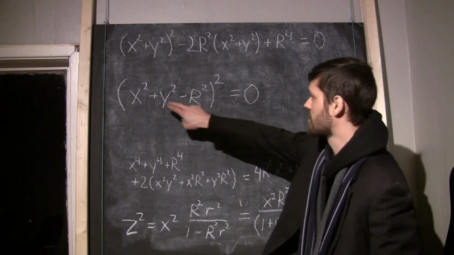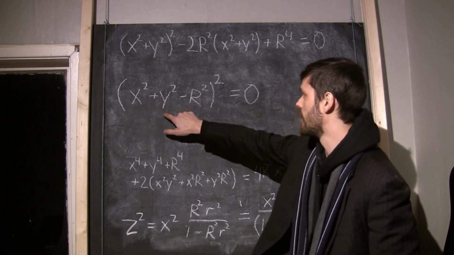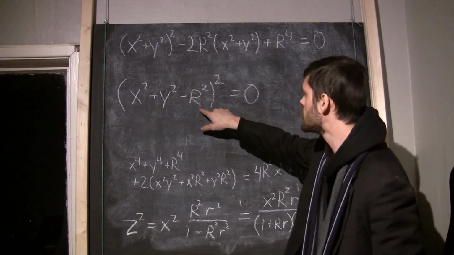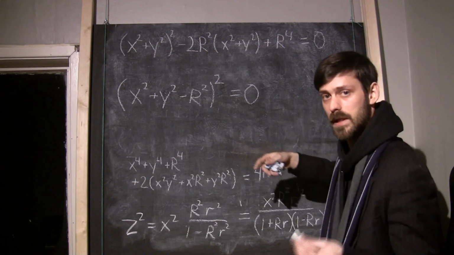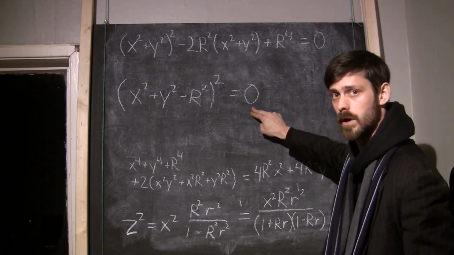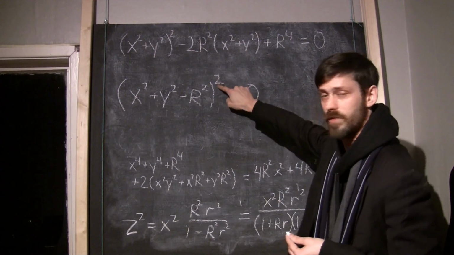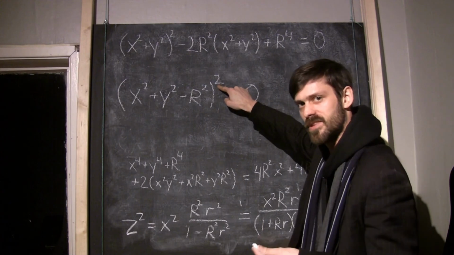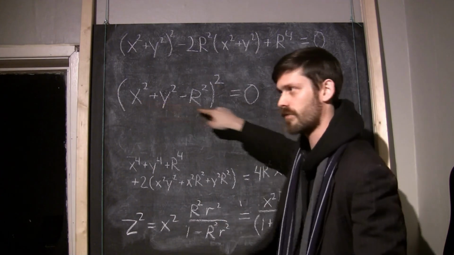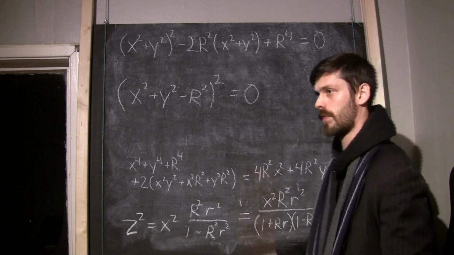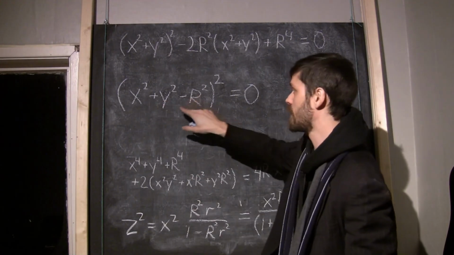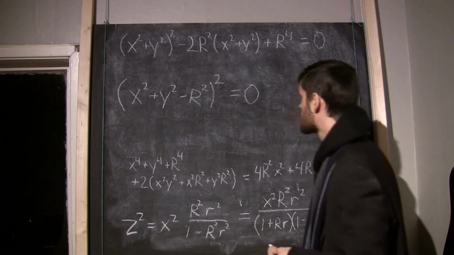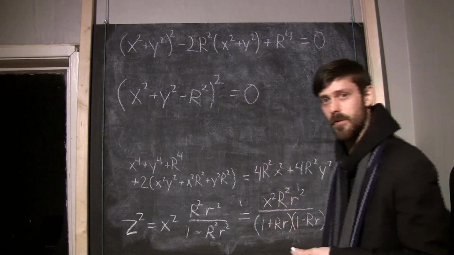If you are able to recognize that x squared plus y squared minus R squared is just a circle equation, at least in order for this to become 0, but take note that we have this whole thing squared, and that sort of entails that we have two circles, because we must have two solutions for this thing. And so we know that we have two circles, both with the radius big R, in order for this to become 0.